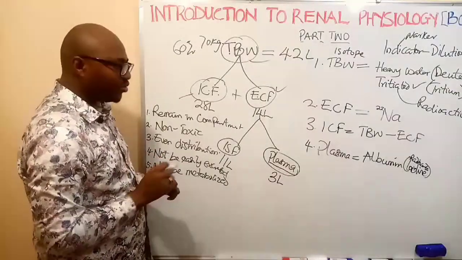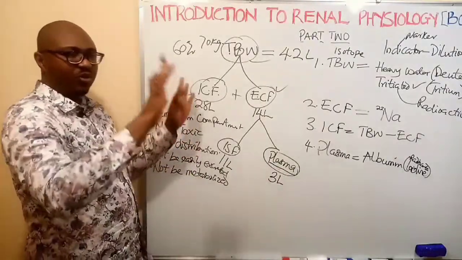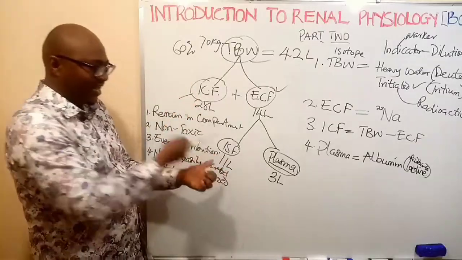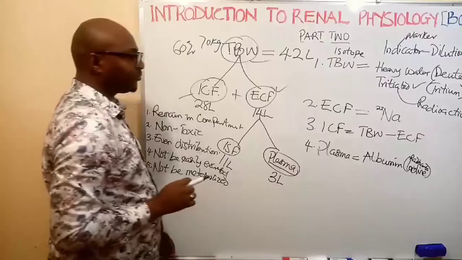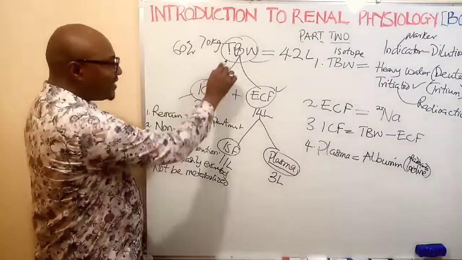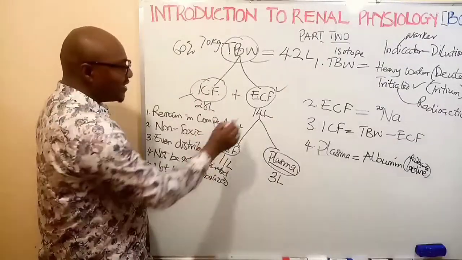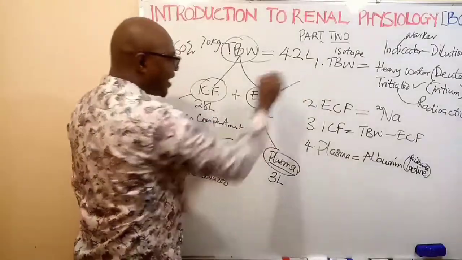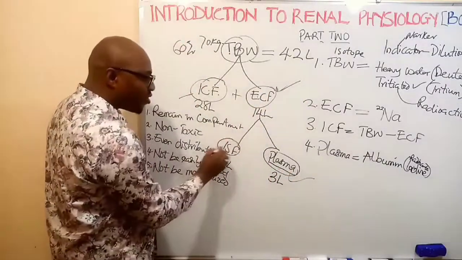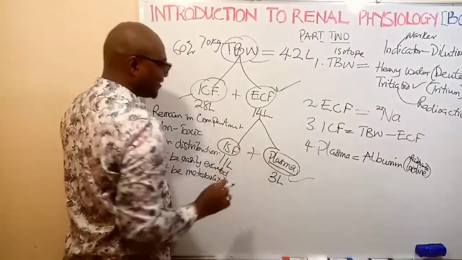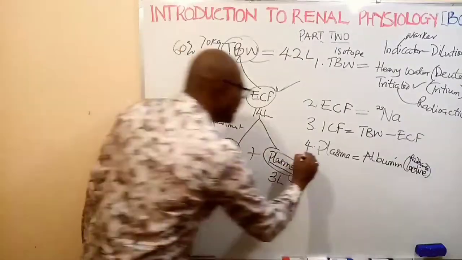Alright? So when you do that, it's distributed all over. Then you collect a sample, measure the concentration, and get the volume. The same thing we did here, we also do it here. Since we know the ECF now, and we know the plasma, and ECF is the sum of the ISF and plasma, what do you think the ISF will be?